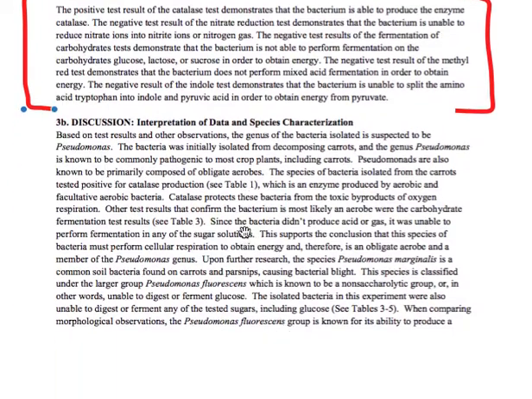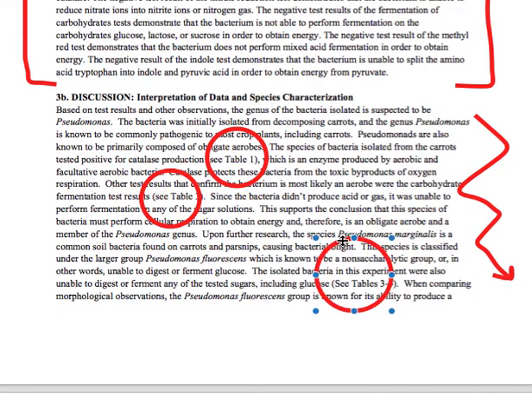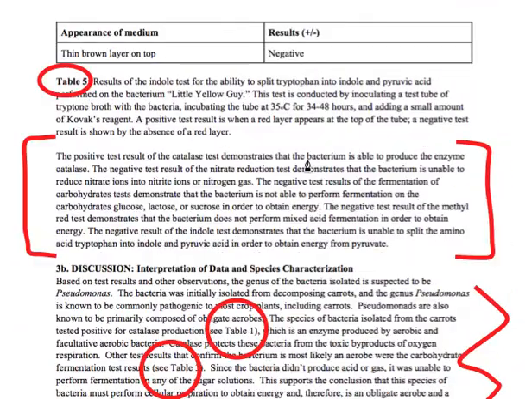In a discussion is where you can start making some bigger interpretations. This is where they're going to cite specific results from their table to document basically the back and forth of what this species could be. Remember, we all did this in lab, and we all basically came to a conclusion based on the morphological characteristics and the table characteristics, from what results were positive and negative.